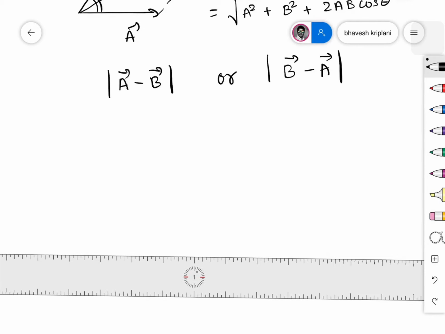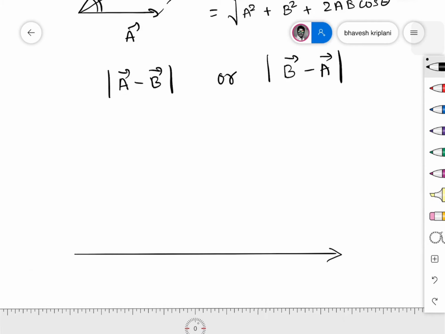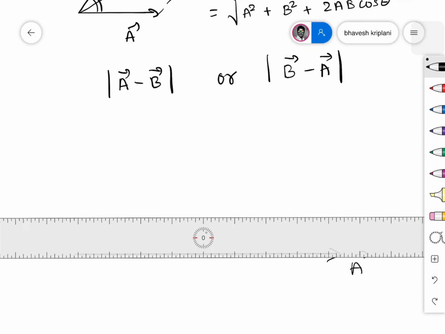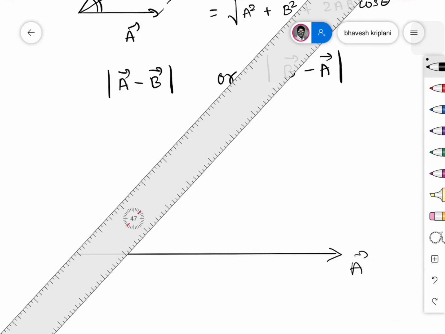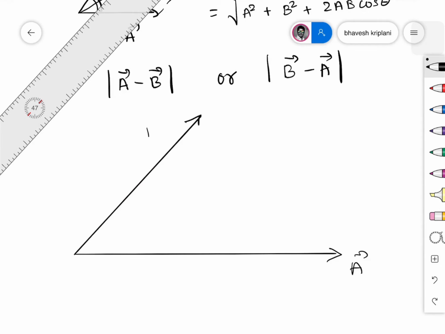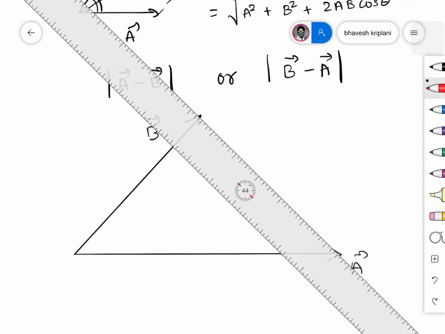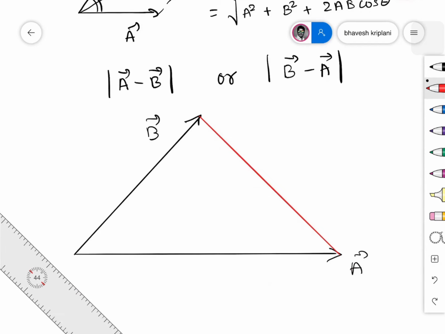So let's draw the vectors first. This is A vector and this is B vector. Then the third side will represent the difference of the vectors.